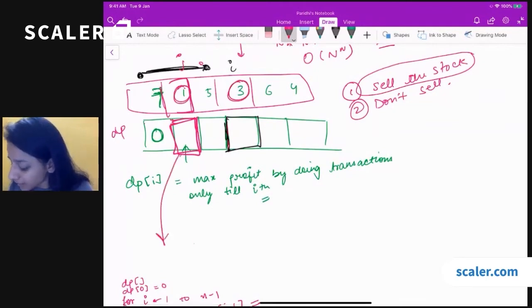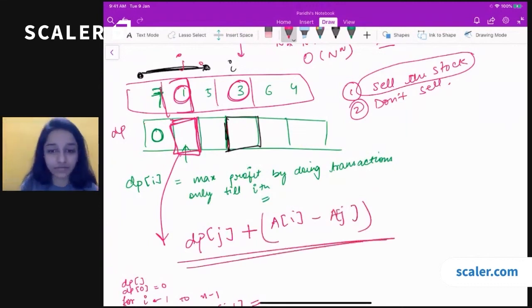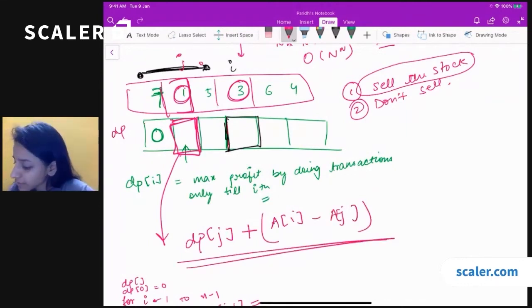That means DP of j plus A of I minus A of j. Does that make sense, why this condition is there? So this is the case when we are selling the stock.